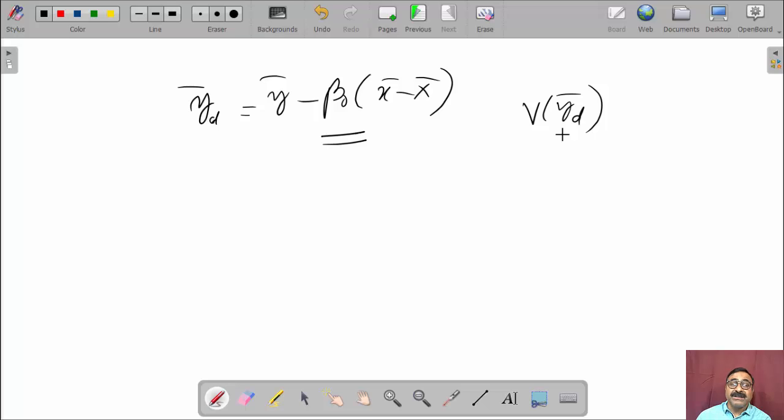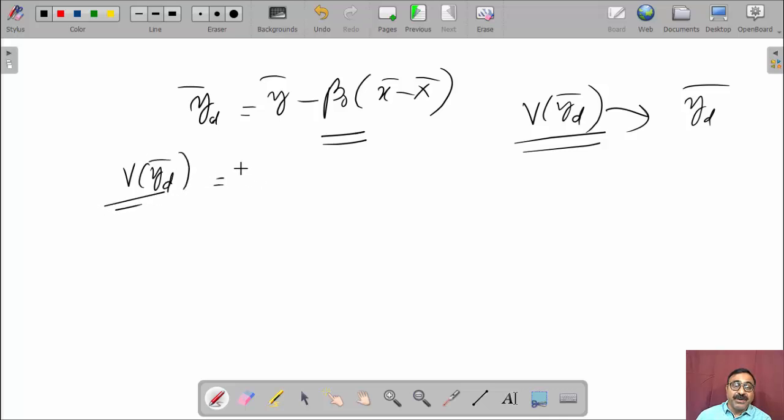That means the variance of the difference estimator is minimum, so that the difference estimator y d bar will be more efficient. So we have to minimize the variance of the difference estimator.